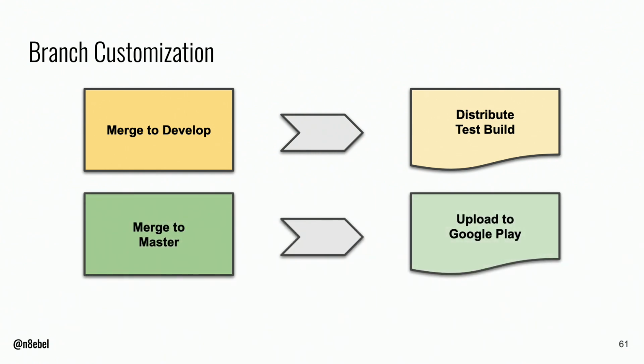And similarly, if we merge into master, that deployment process of uploading to the Play Store, as well as updating any store listing artifacts, is also all automated. So all it takes for us to ship a test build or production build to their respective destinations is to merge code into the specific branch.